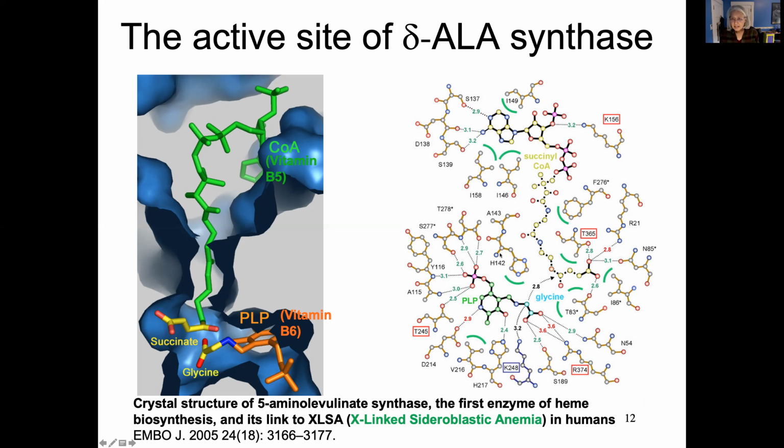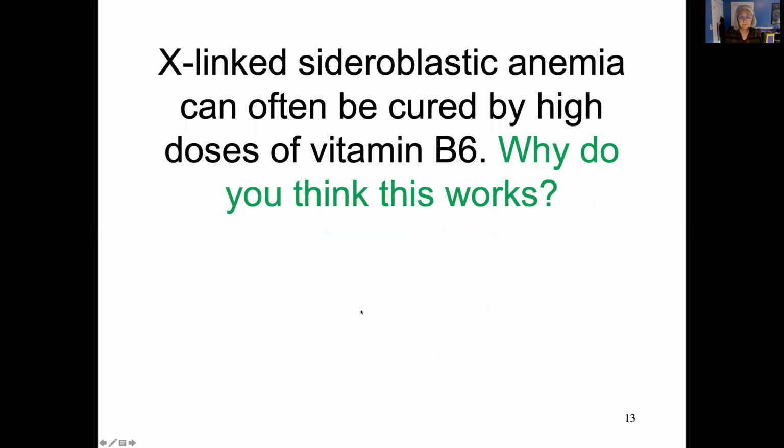So lots and lots of amino acids, lots of different binding interactions. These amino acids that are highlighted in red here are amino acids that are mutated to cause X-linked sideroblastic anemia.